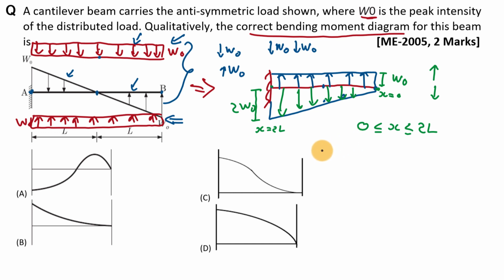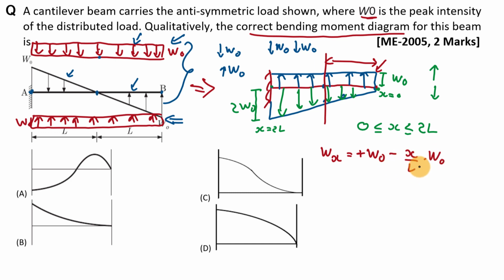And here what will be the value of Wx? Now we can take the summation of both the distributed loads. So Wx at any section at a distance x from this point will be W0, the value of this uniform distributed load, which is in the upward direction, so it is positive, minus x by L into W0.